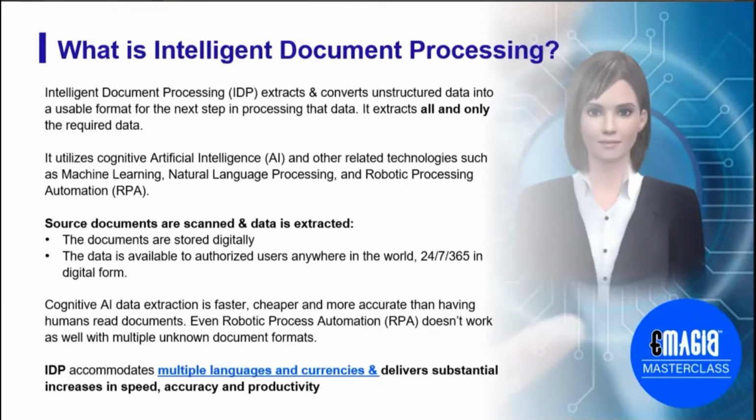And interestingly, IDP accommodates multiple languages and currencies. Most people, particularly here in the US, don't accommodate multiple languages and currencies. And it delivers substantial improvements in speed, accuracy, and productivity.